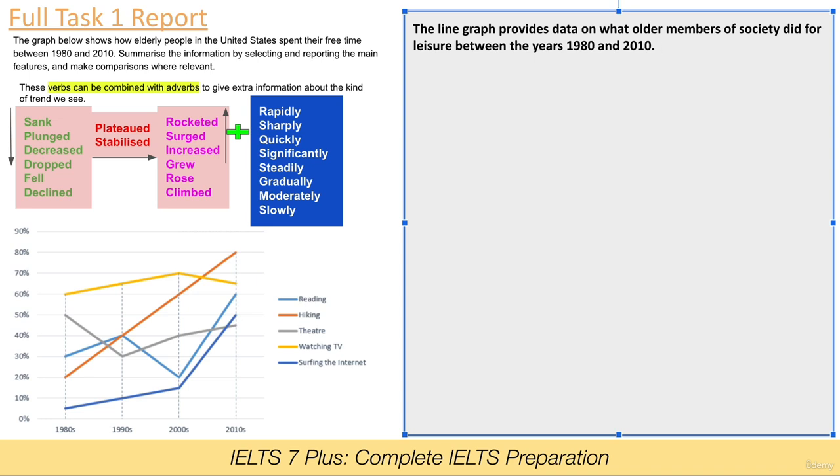Okay, let's read this back. The line graph provides data on what older members of society did for leisure between the years 1980 and 2010.